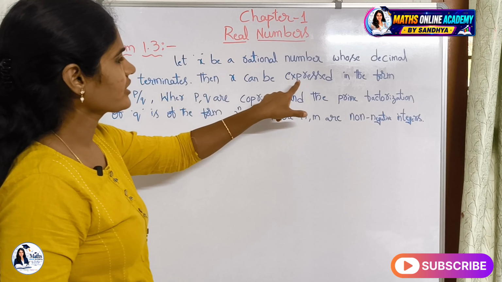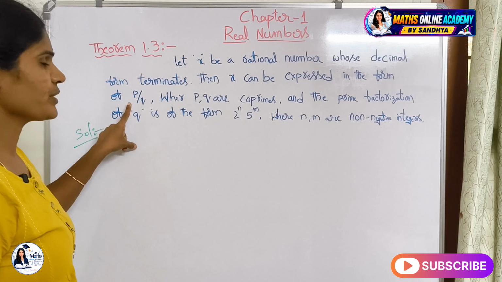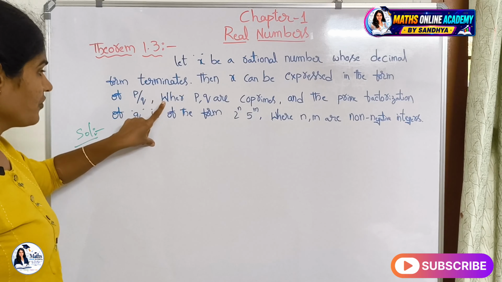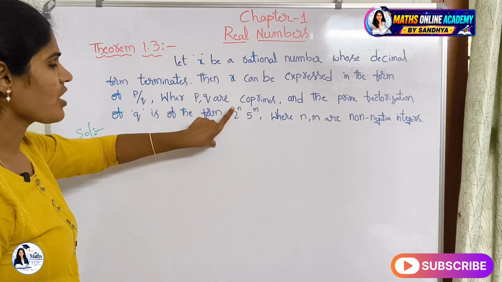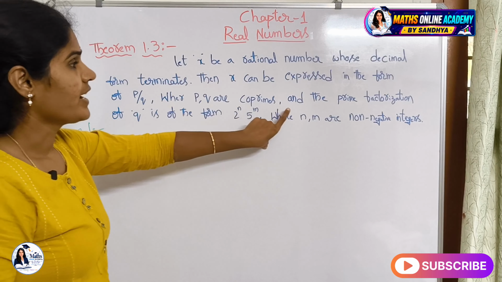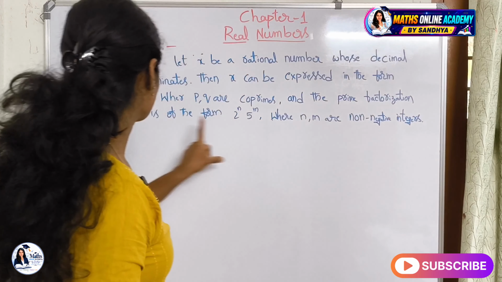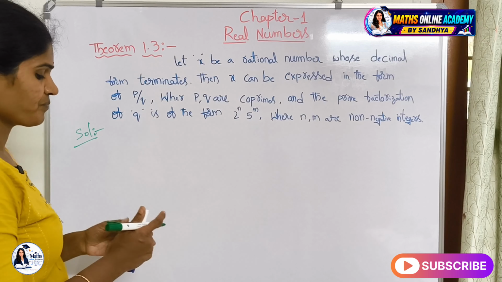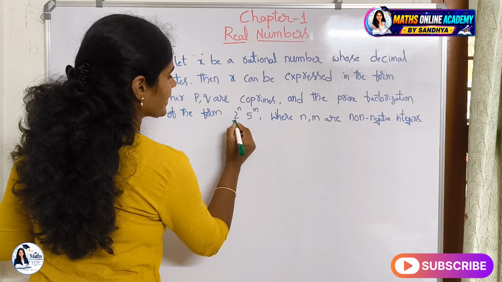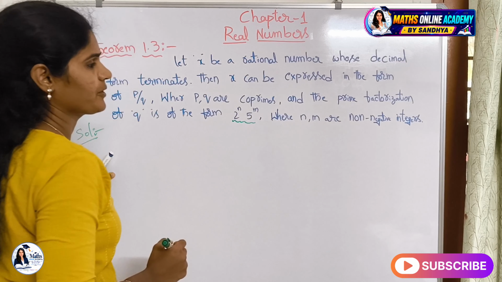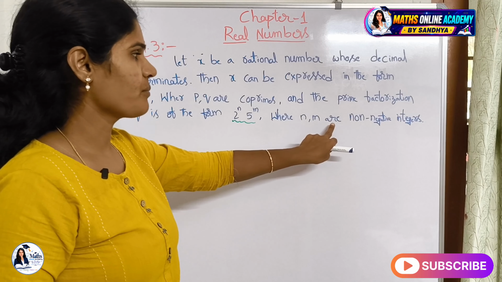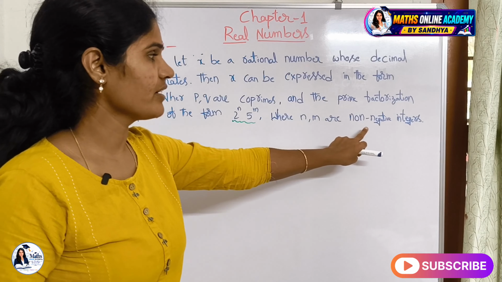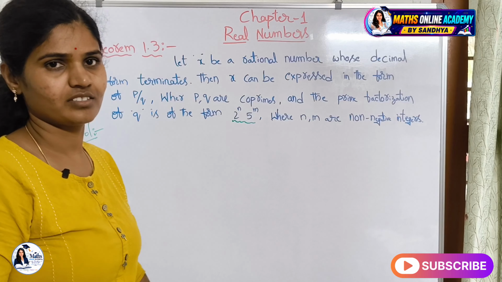Then x can be expressed in the form p by q, where p comma q are co-primes and the prime factorization of q is of the form 2 power n, 5 power m, where n comma m are non-negative integers.